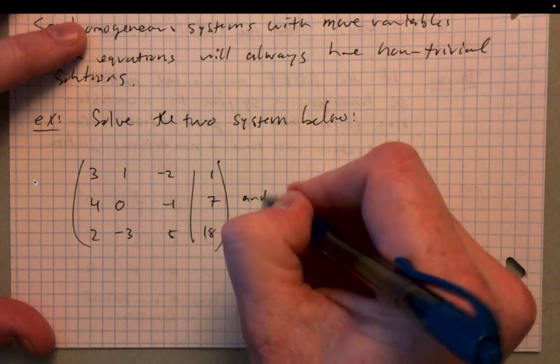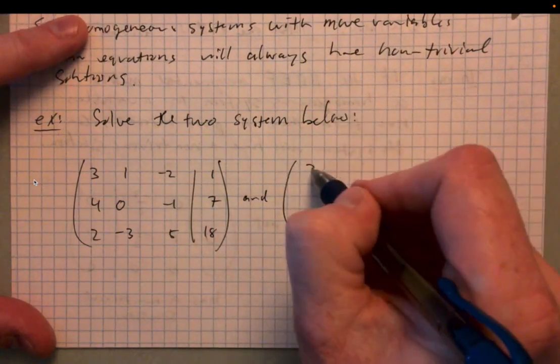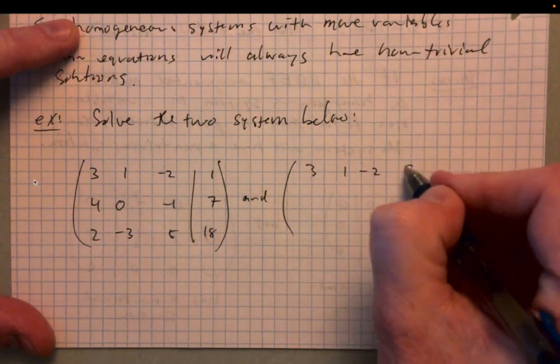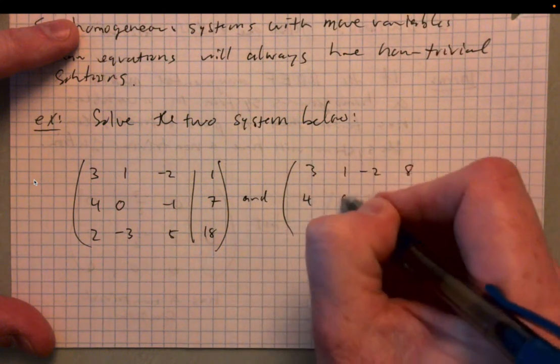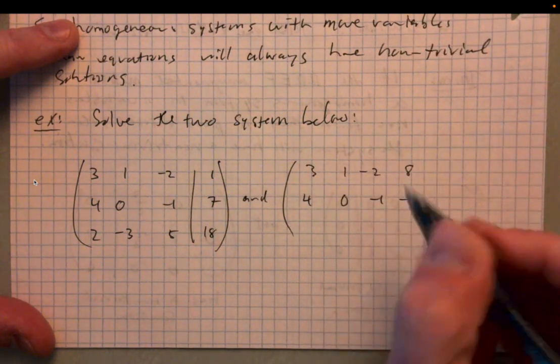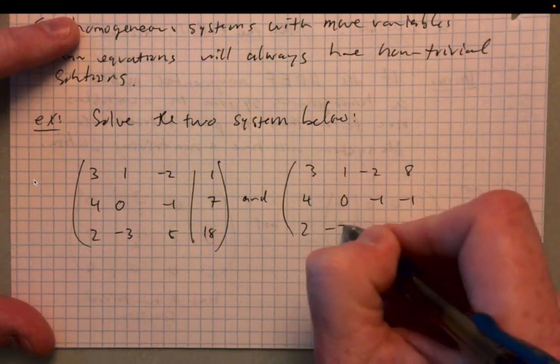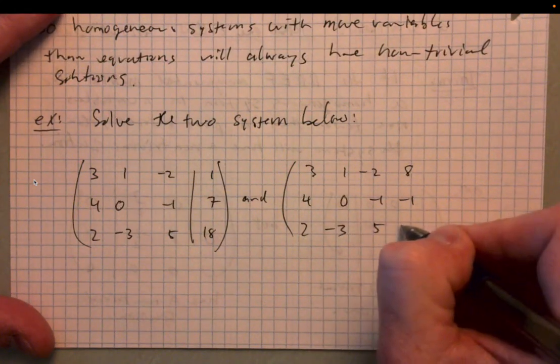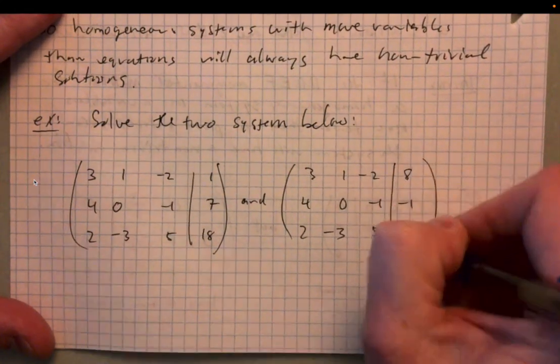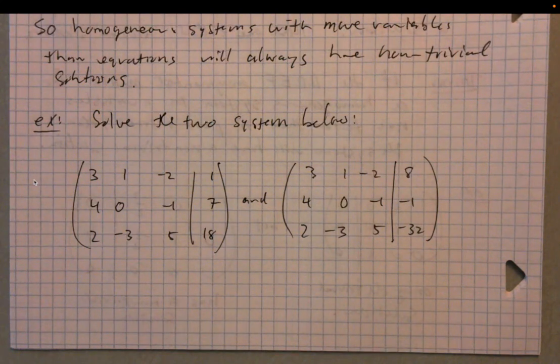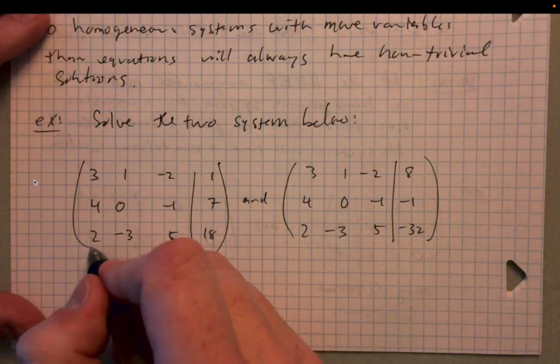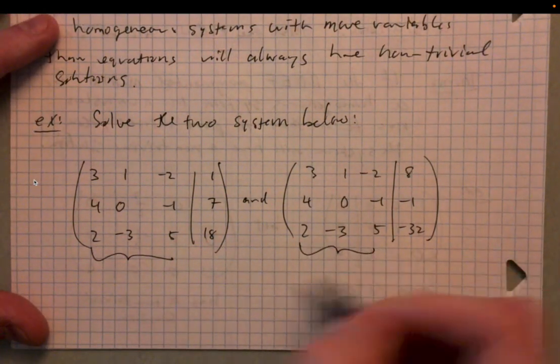And the second system is going to be 3, 1, negative 2, 8, 4, 0, negative 1, negative 1, 2, negative 3, 5, negative 32. Okay, so second two systems here. Now they're distinct systems, but if you look at these, you will recognize that actually the coefficient matrix is the same.